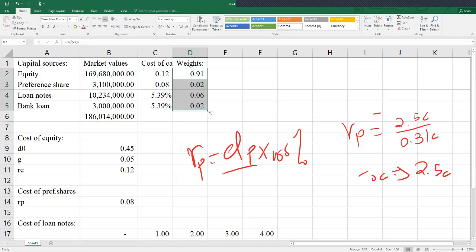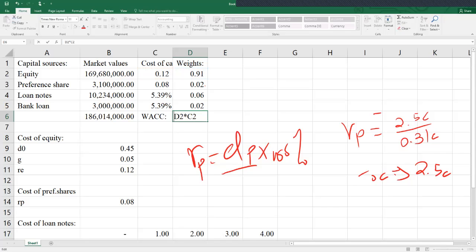Now, cost of capital. You can call this the weighted average cost of capital. In this cell it will be equal to the weight times the cost.